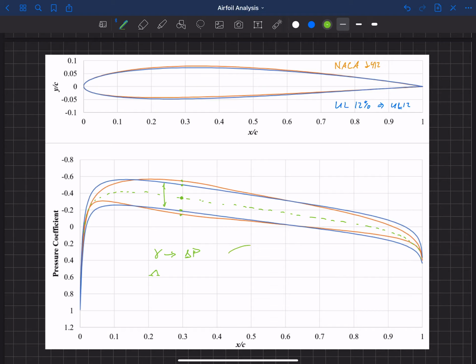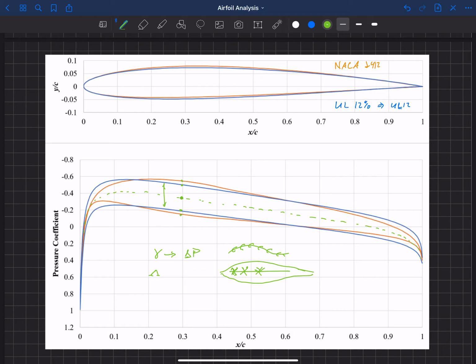So gamma was our vorticity distribution, and I think if you used some analytic solution for sources, you could have a sheet of sources here, or source distribution strength along it, that would basically govern the thickness of an airfoil.